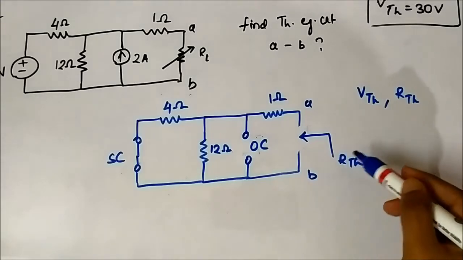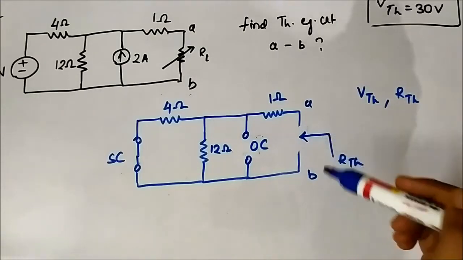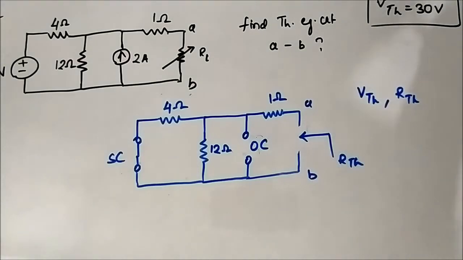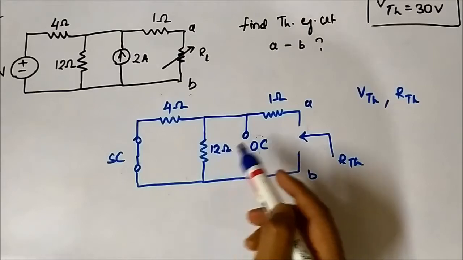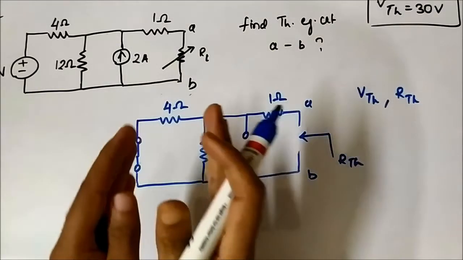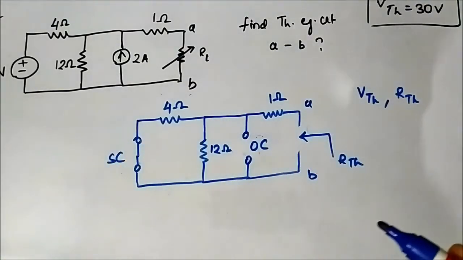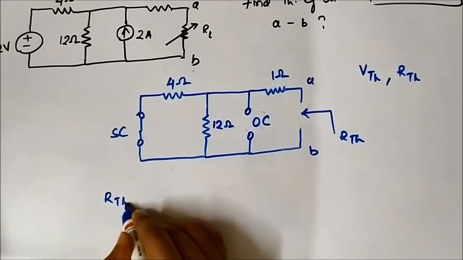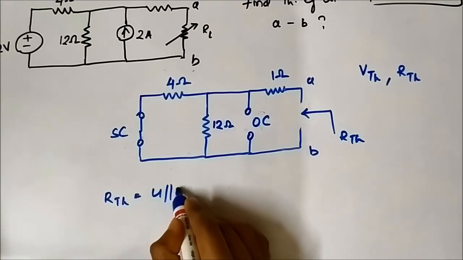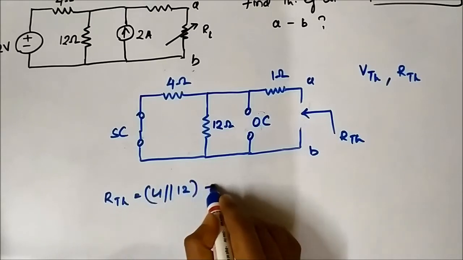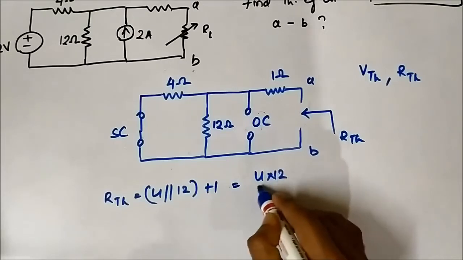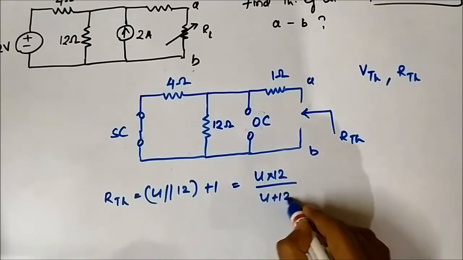So here, if we want to calculate the Thevenin resistance across the points A and B, then we can easily see 4 and 12 ohm are in parallel and the equivalent resistance is in series with 1 ohm. So RTH is 4 parallel 12 plus 1, which is 4 into 12 by 4 plus 12, plus 1.